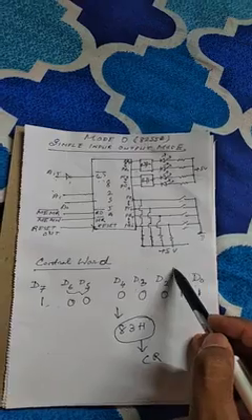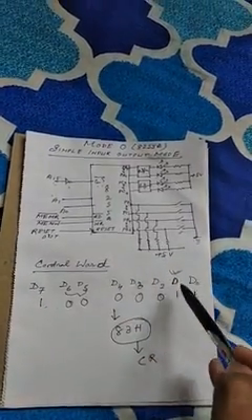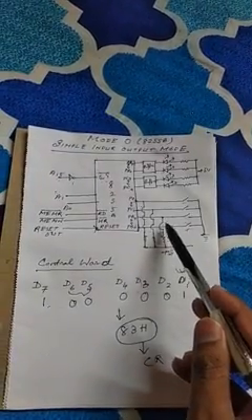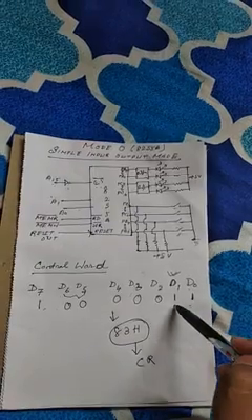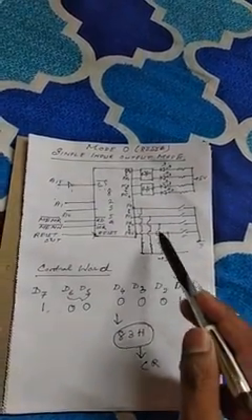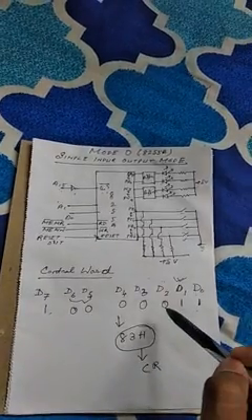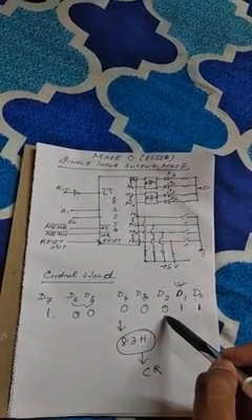The D1 bit gives us the status of port B. Here port B is used as input, that's why that will be equal to 1. And D2 gives us the mode selection of port B. Here the mode is mode 0, that's why D2 will be 0.